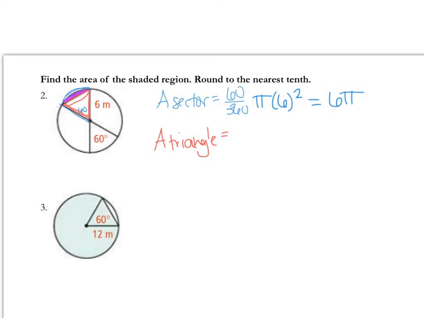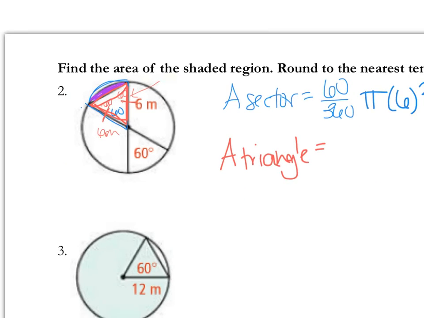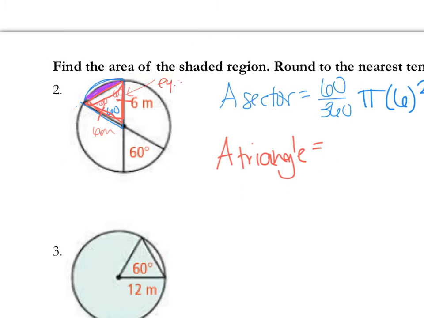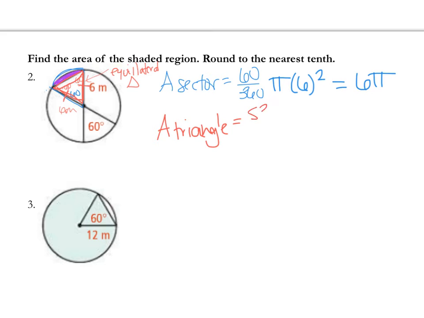But then, if we pay attention, that is 60 degrees, and this would be congruent because it's a circle and the radii are the same, which means this is actually 60, 60, 60, which means this is not just a regular plain old triangle, this is an equilateral triangle. So we have to go back to the beginning of the chapter and use that special equilateral triangle formula here. This is going to be side squared radical 3 over 4. I'm going to get 6 squared radical 3 over 4, which is 36 radical 3 over 4.